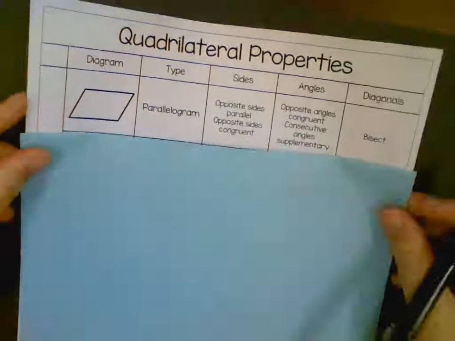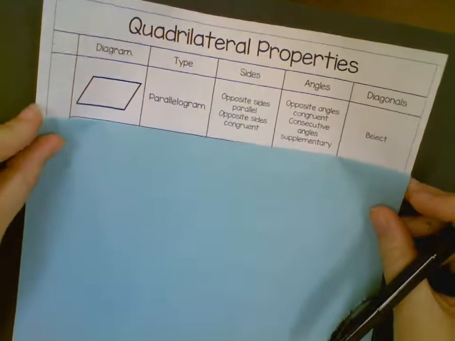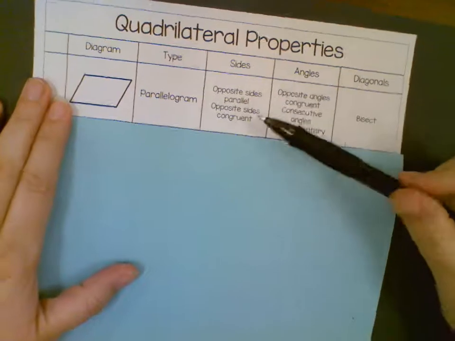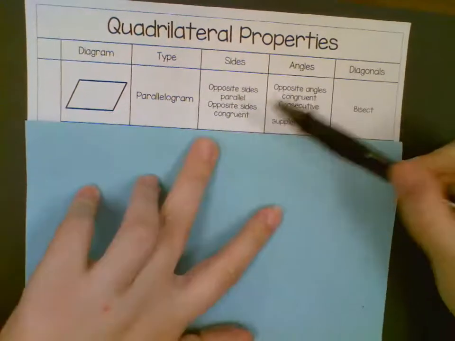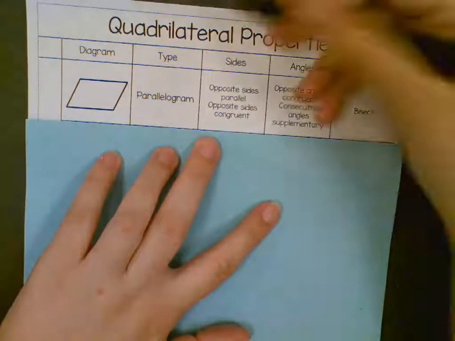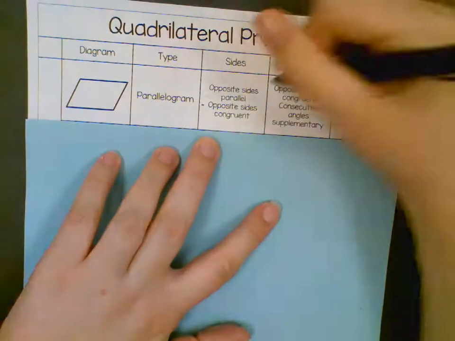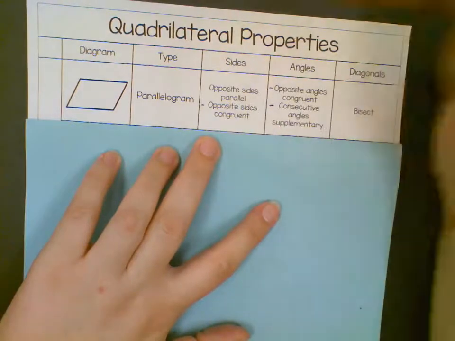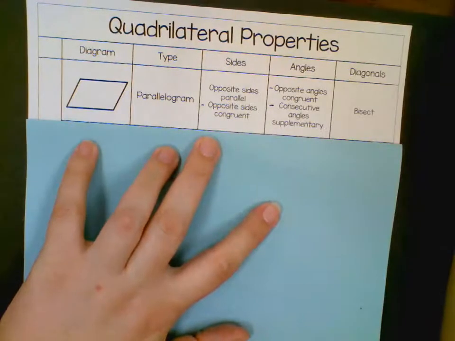So, based on our definition, we knew that opposite sides were parallel. But there's a theorem that tells us that opposite sides are congruent. We have a theorem that tells us that opposite angles are congruent. So we have opposite sides congruent, opposite angles congruent, and then we know that our consecutive angles are supplementary.